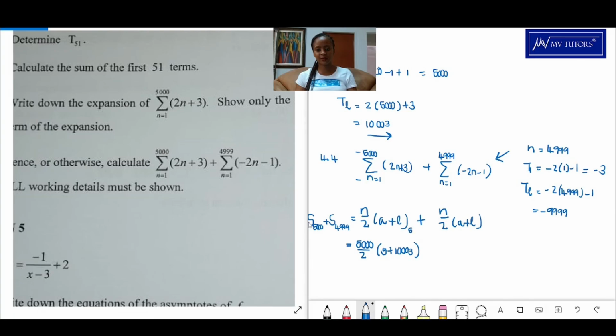This one is for 5,000 and that one is for 4,999. All right, so again, 4,999 divided by 2. My first term was negative 3. My last term was negative 9999. And now I can put everything in the calculator and solve.